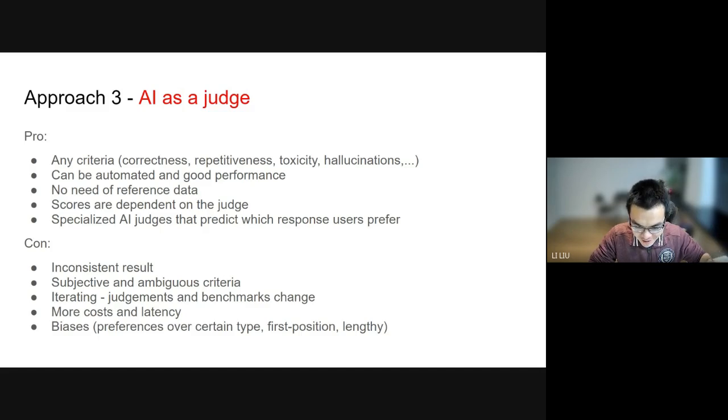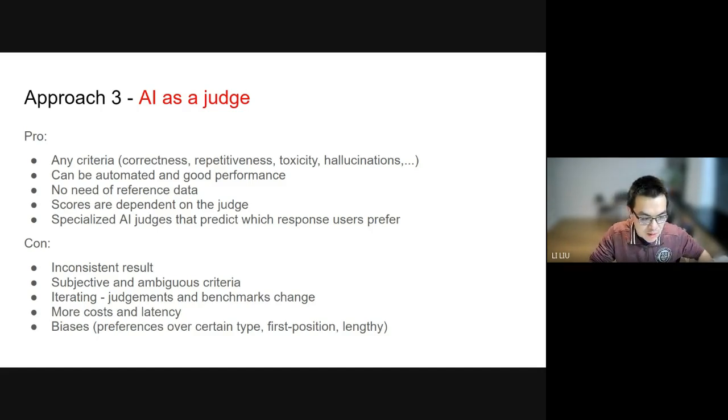The other one is first position bias. If there are different options to evaluate between the outputs, the model usually would prefer the one that appears first, while humans would usually prefer the one showing up at the end.